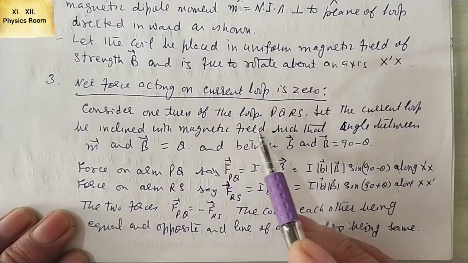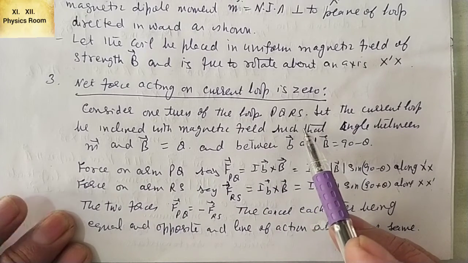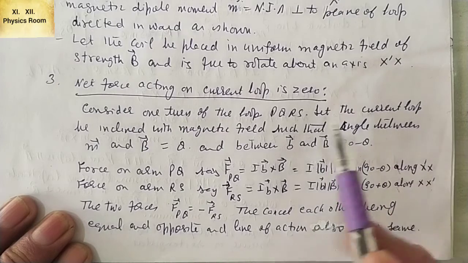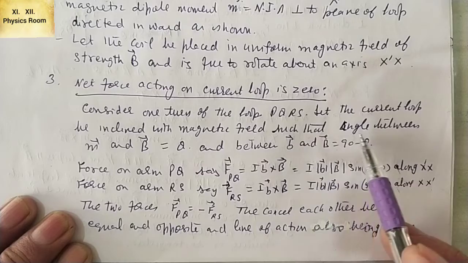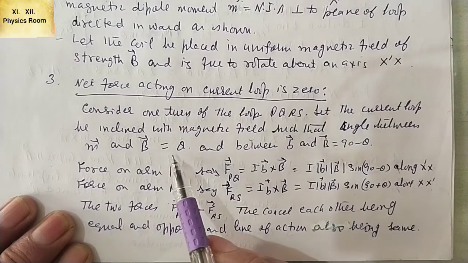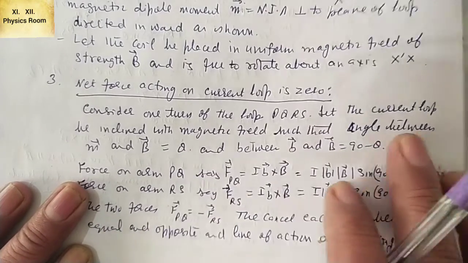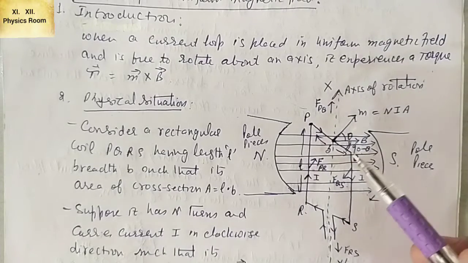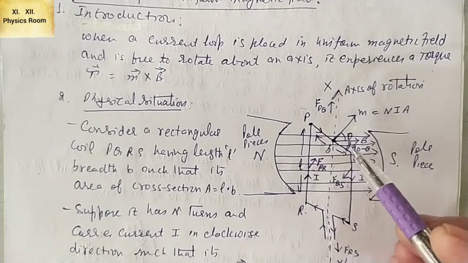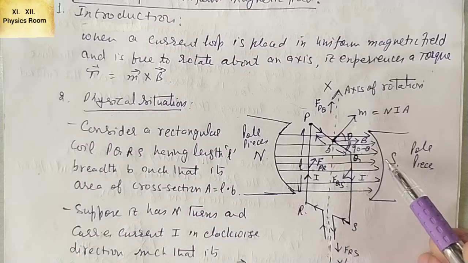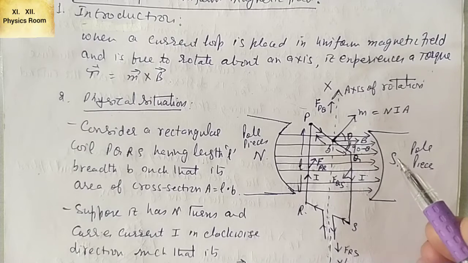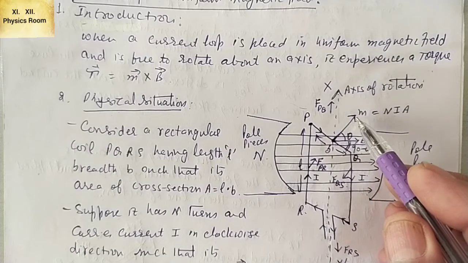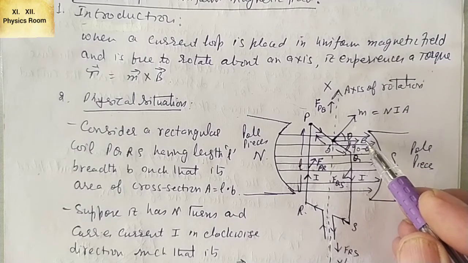Consider one turn of the loop PQRS. Let the current loop be inclined with magnetic field such that the angle between M and B is theta. This is B, magnetic field direction.